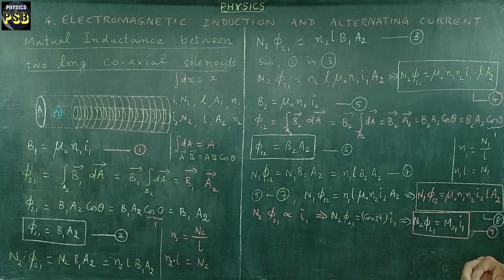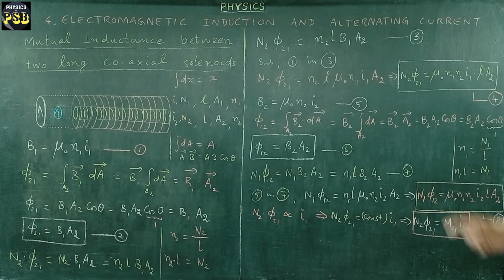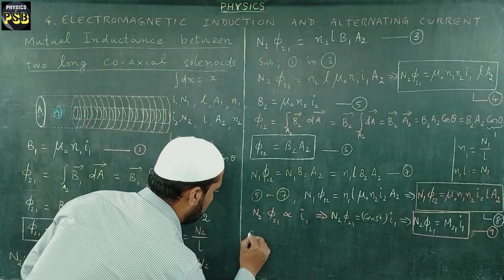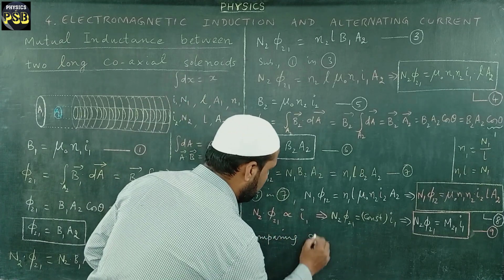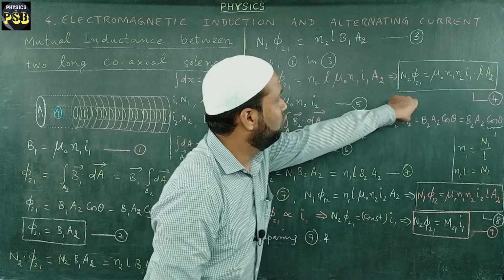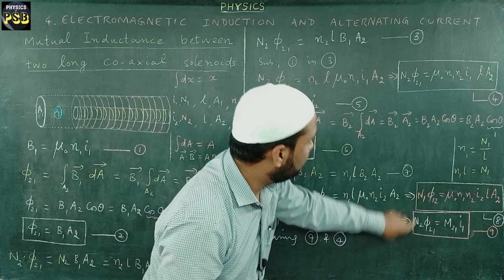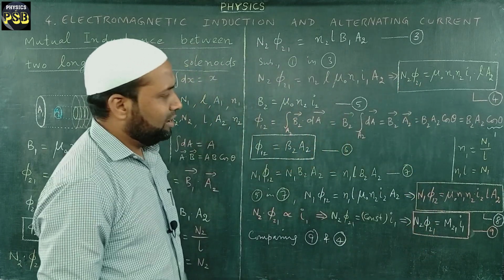Now I'm going to compare equation 9 with equation 4. Why do we do so? If you look at these two equations, 9 and 4, you'll find that both of them have the same term on the left hand side.